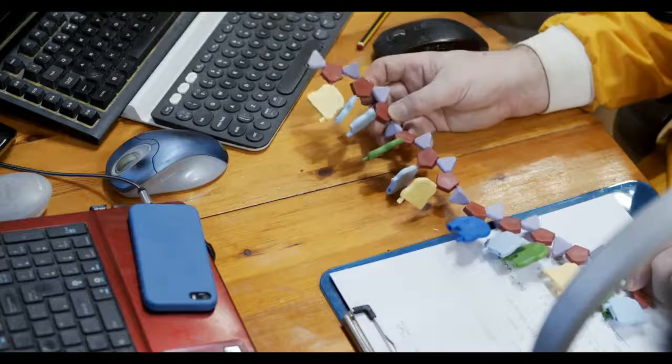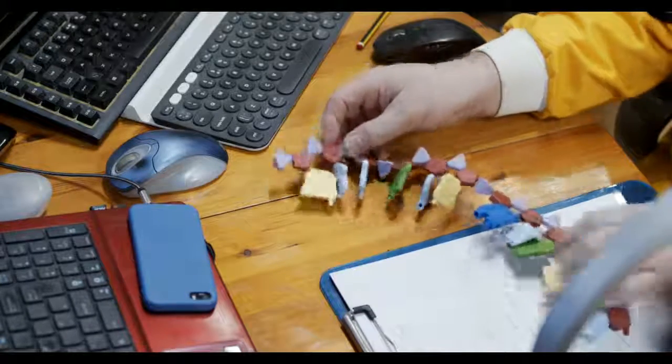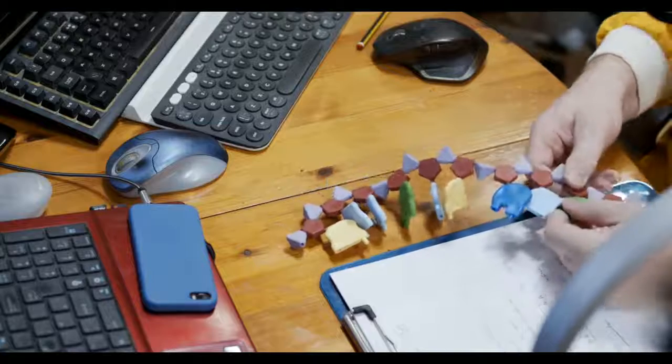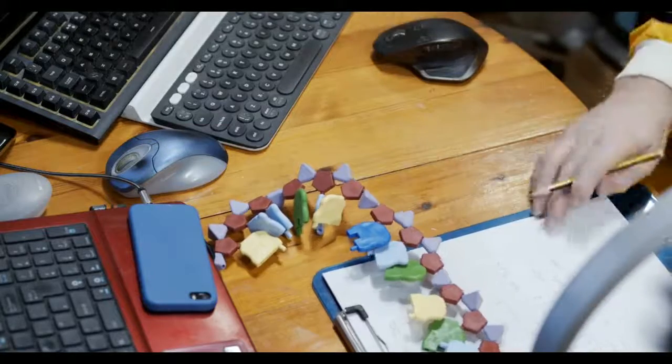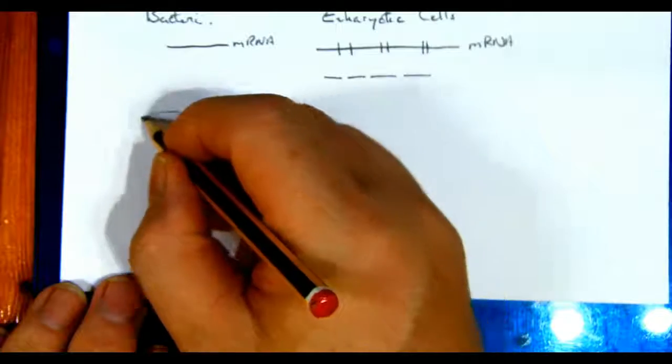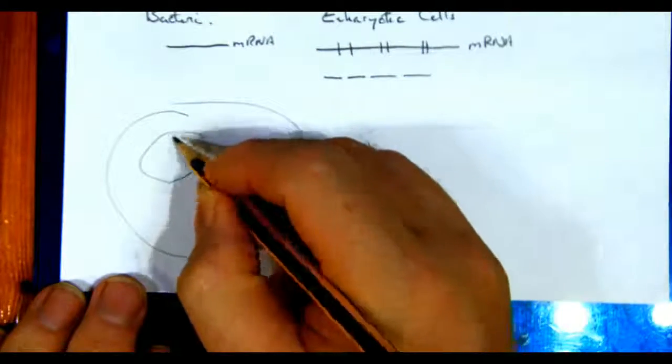Okay, so here I've got my gene sequence. This mRNA now leaves the cell. So we've got our cell, we leave our nucleus in the cell.